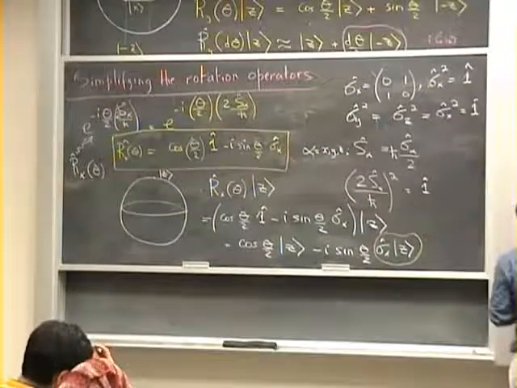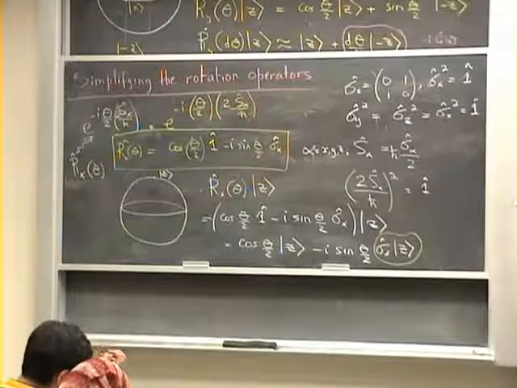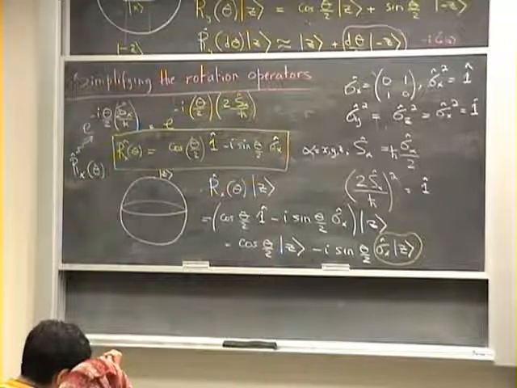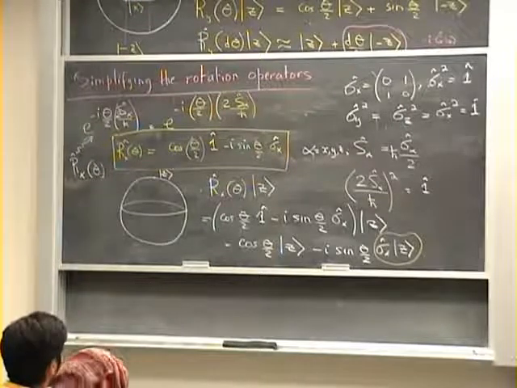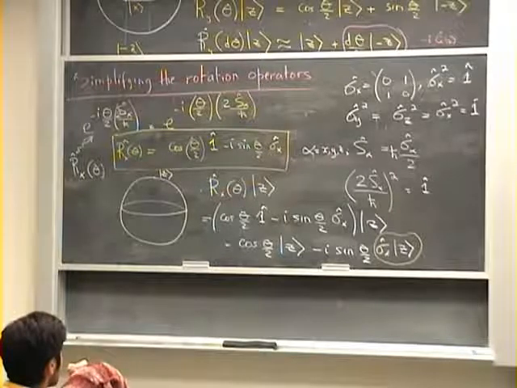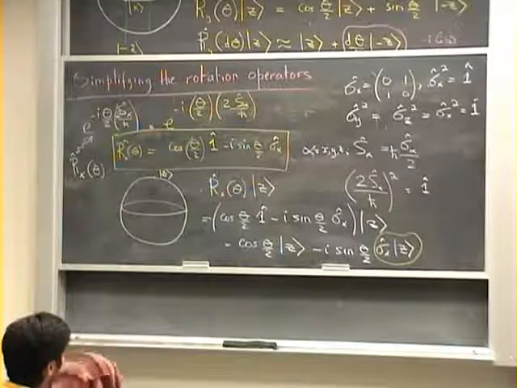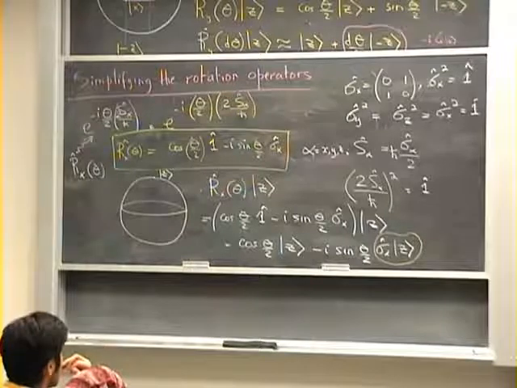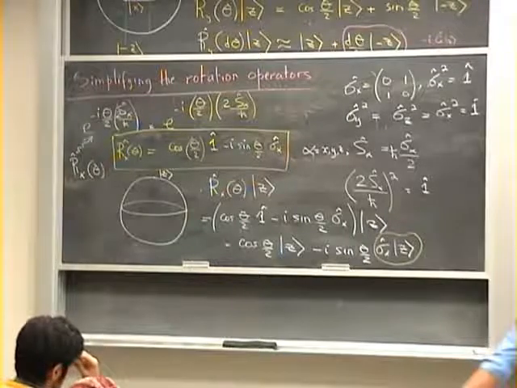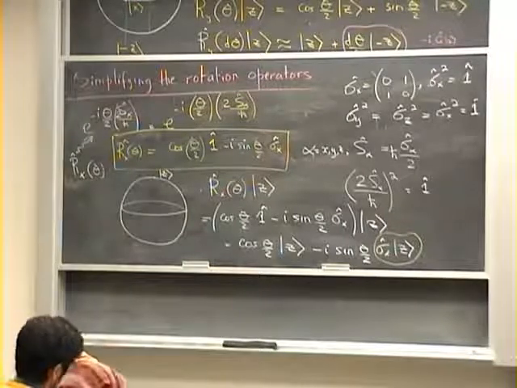Sigma x is simply ket z, bra minus z, plus ket minus z, bra z. Now when sigma x acts on z, I get minus z.